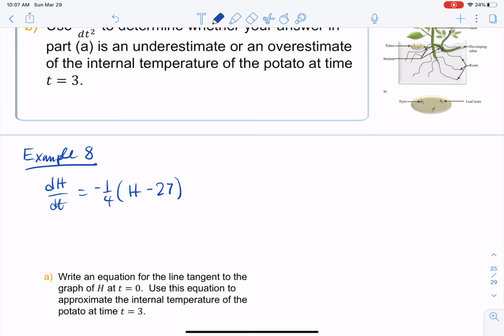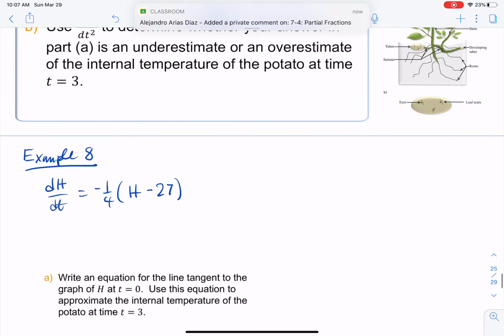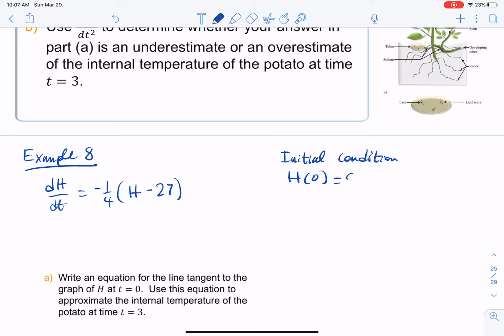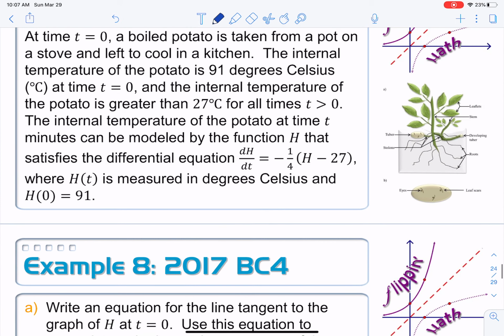Yeah, h minus 27. Now, I'm going to write down a few extra pieces of information, like our initial condition. Our initial condition was h of 0 is 91 degrees Celsius, I think.